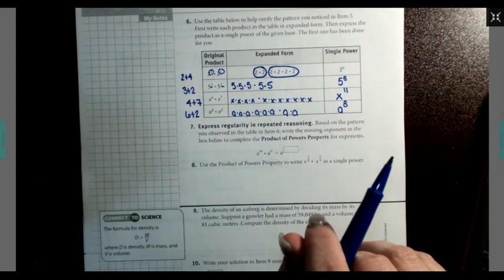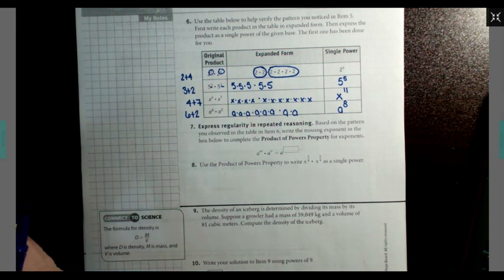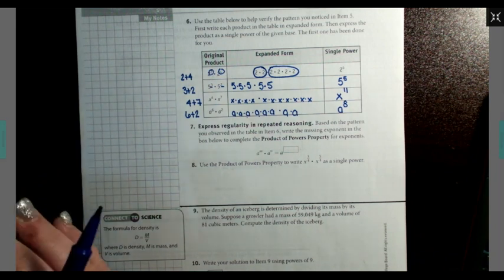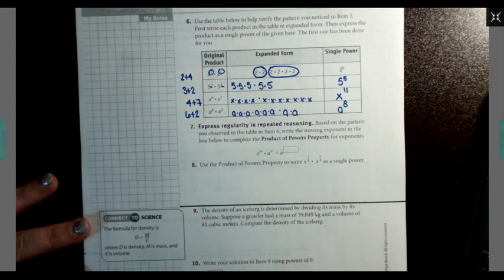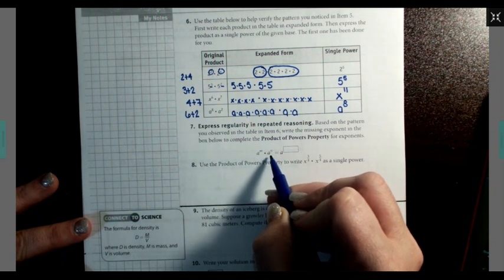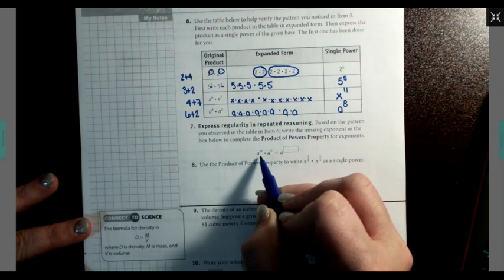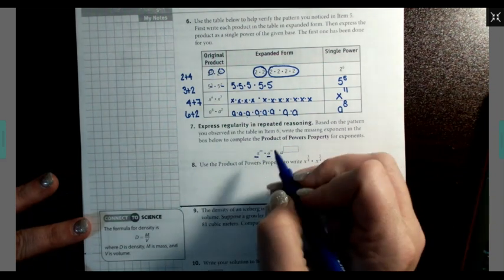So based on the pattern you observed in the table in item 6, write the missing exponent in the box below to complete the product of powers property. If we have something raised to the m power and something being raised to the n power, as long as the bases are the same, notice my base didn't change, okay?